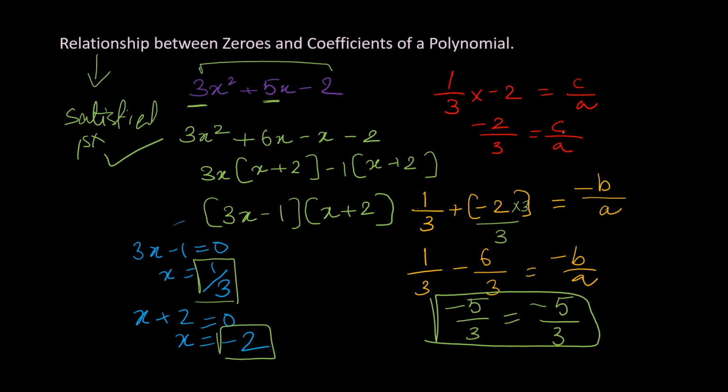Now you notice c is the constant term, which is minus 2, and a is the coefficient of x square, which is 3. So the second relationship is also satisfied, and that is how you prove the relationship between zeros and coefficients of a polynomial if a question of that sort comes up.